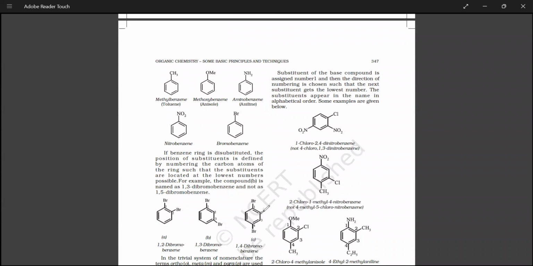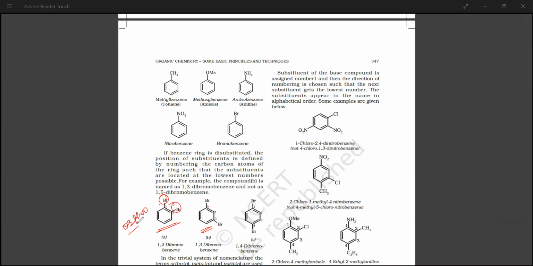This is nitrobenzene. This is bromobenzene. This is 1,2-dibromobenzene, 1,3-dibromobenzene, 1,4-dibromobenzene. This is ortho. This is meta. When two groups are there on the first and second carbon atom, two continuous carbon atoms, then it is called ortho.